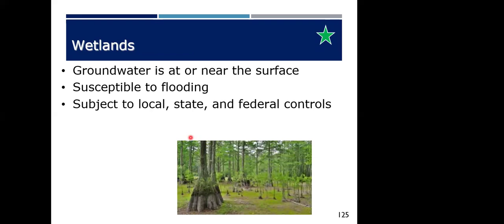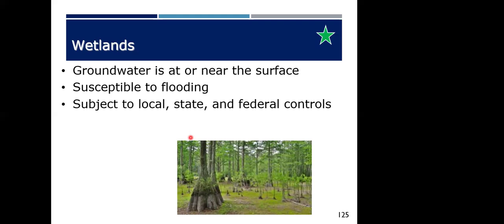And then the last government piece of public land use control is wetlands. Those of you down east are dealing more with wetlands than the rest of us are. Wetlands are our marshy areas. The groundwater is at or near the surface, so the littlest bit of rain is going to cause flooding. You may not be able to build because the land can't support it.